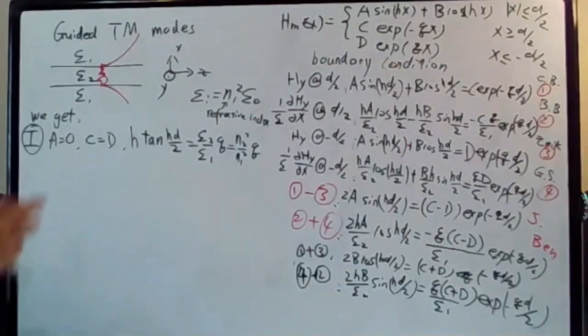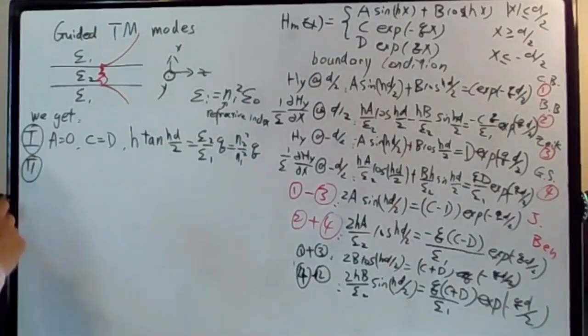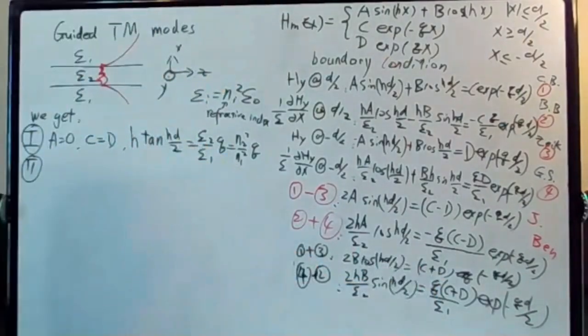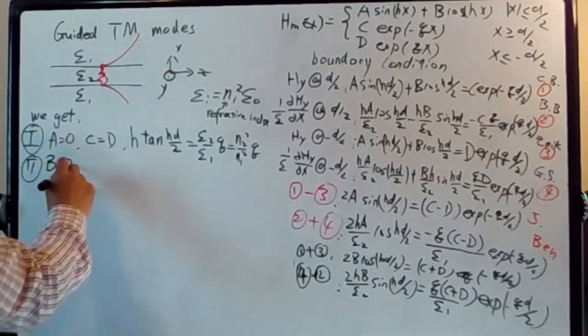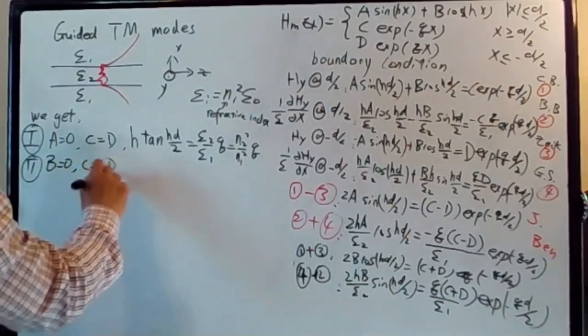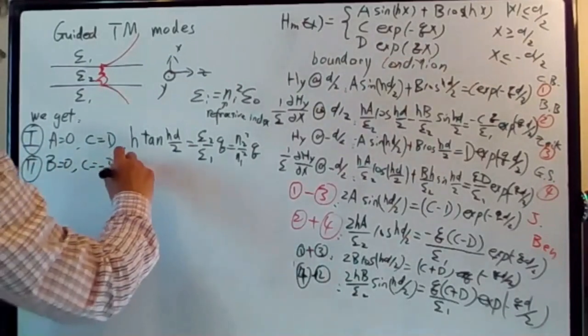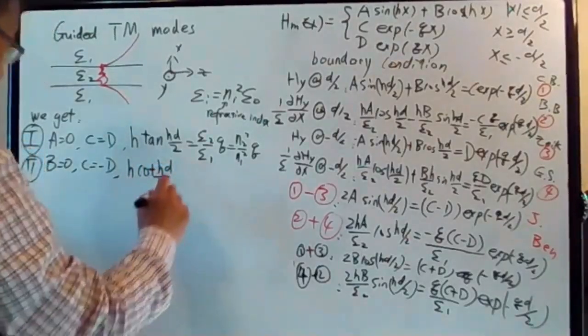Okay, so we got the first equation, and then we can have the second set. This time C equals minus B, so B equals 0 and C equals negative D. We do the same thing: H cotangent HD over 2.